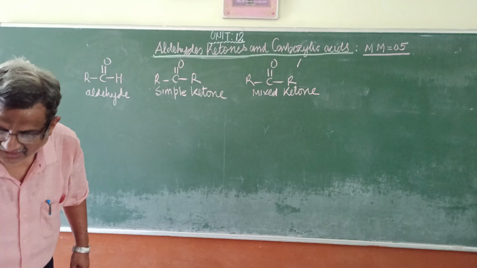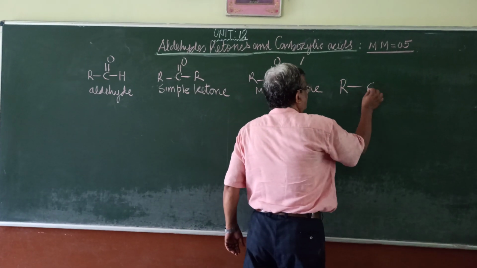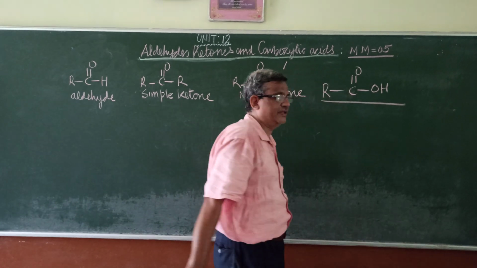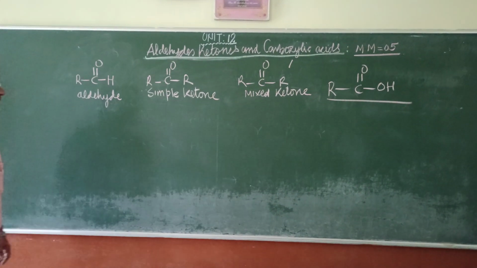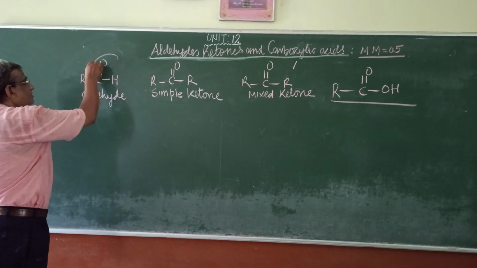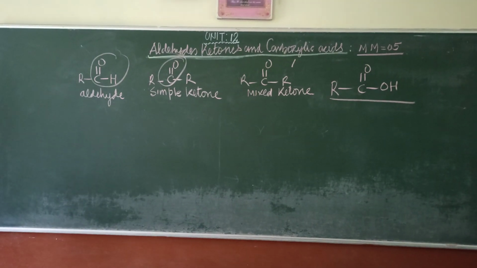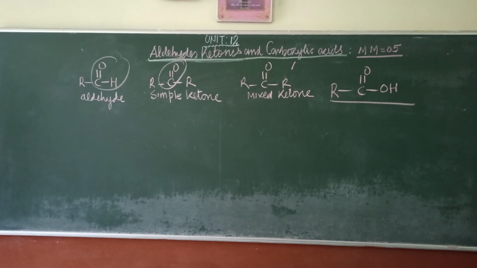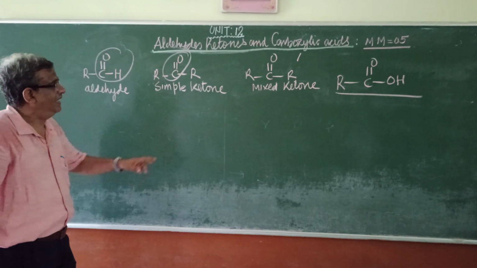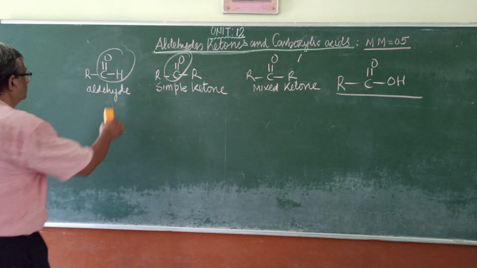And then in the last we have the carboxyl group, that is R C double bond O OH. This is called carboxyl group. You know that this is the functional group in aldehyde, and this is the functional group in ketone. And again I tell you, if these two are same, it is called simple ketone, and if the two alkyl groups are different, it is called a mixed ketone.